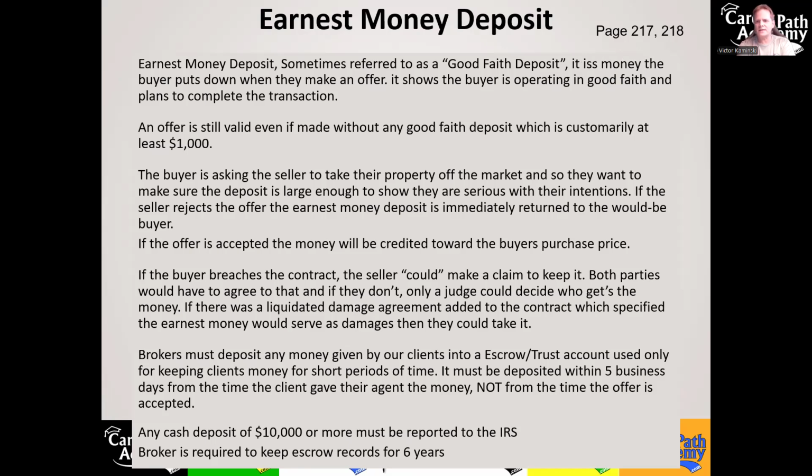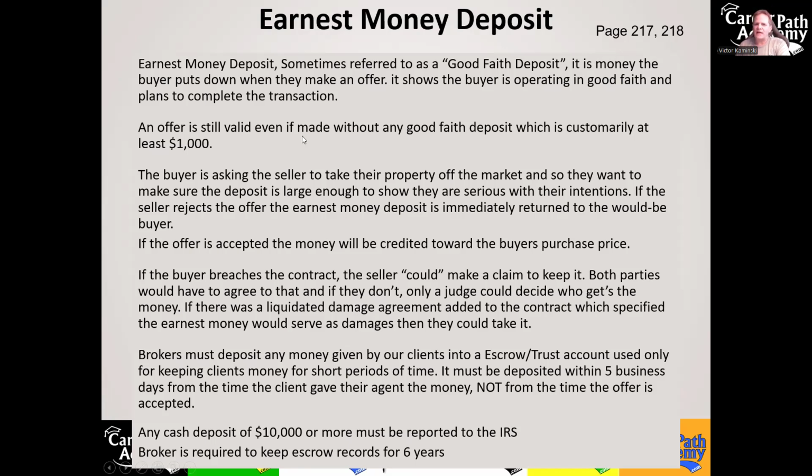It is money the buyer puts down when they make an offer. It shows the buyer is operating in good faith and plans to complete the transaction.